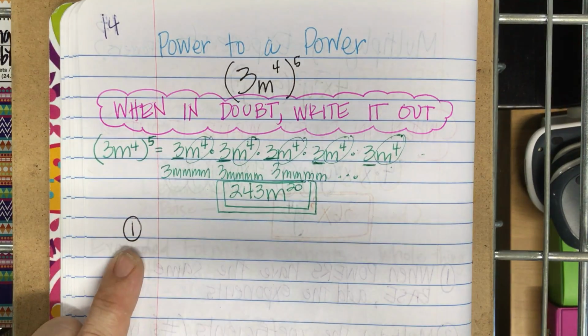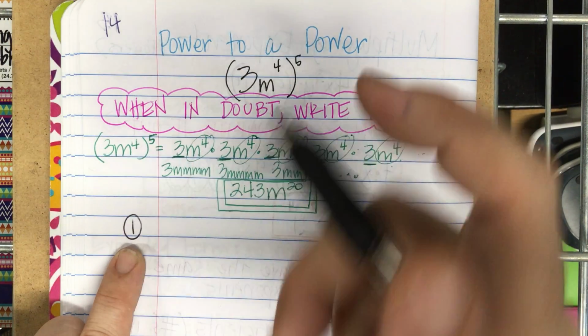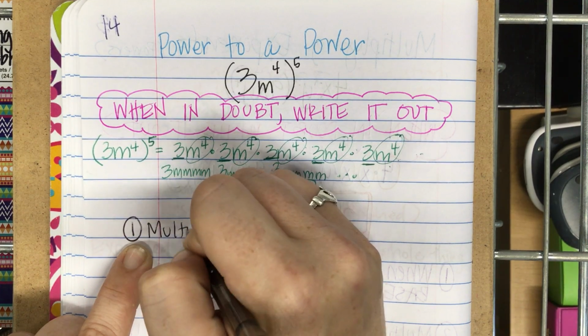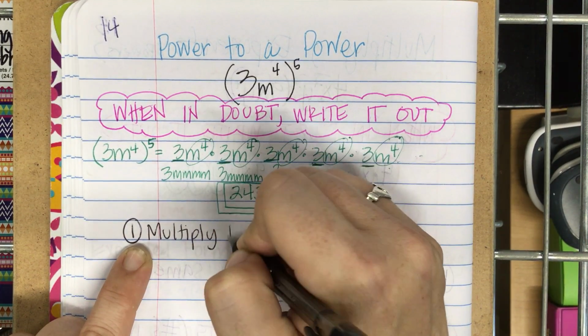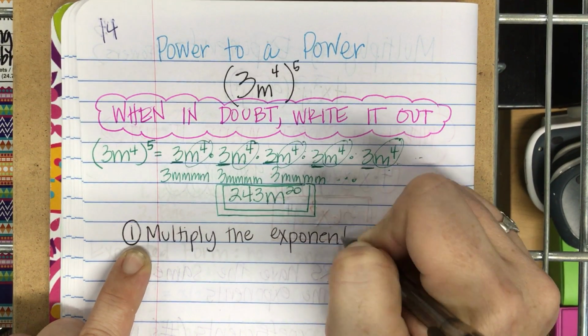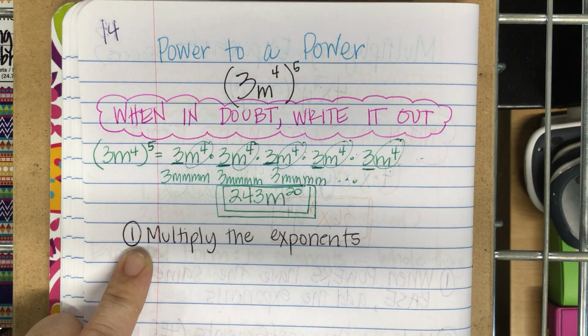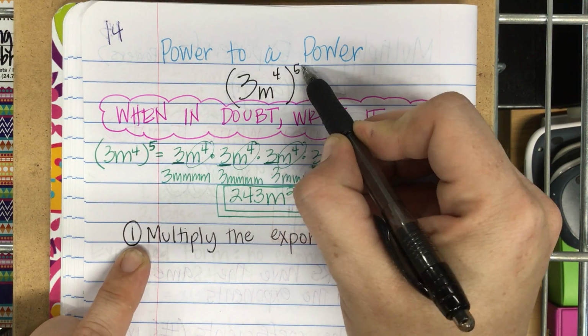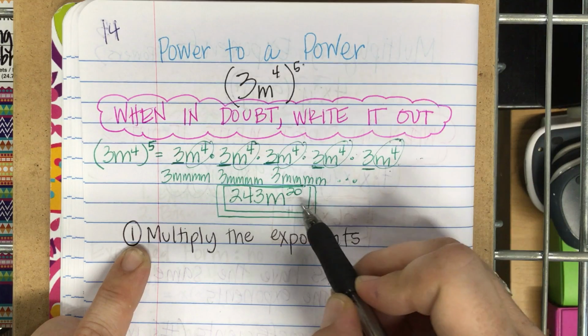It does not work for another type of problem. If it's a power to a power, you multiply the exponents. In this problem, I could do 4 times 5, and I get 20.